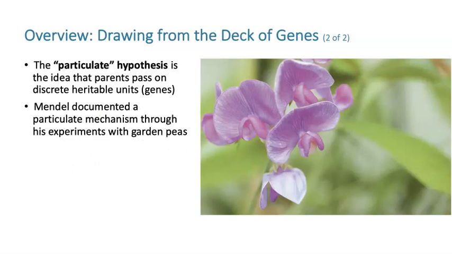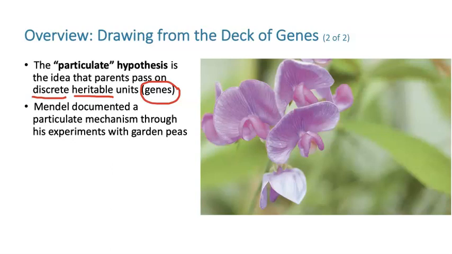The particulate hypothesis simply means that traits are passed along in discrete, which means small and distinct, heritable units, meaning they are able to be passed on to the next generation. We now call them genes. Although I'm not sure that Mendel called them genes, that's okay. We're going to call them genes because that's the word we use these days.